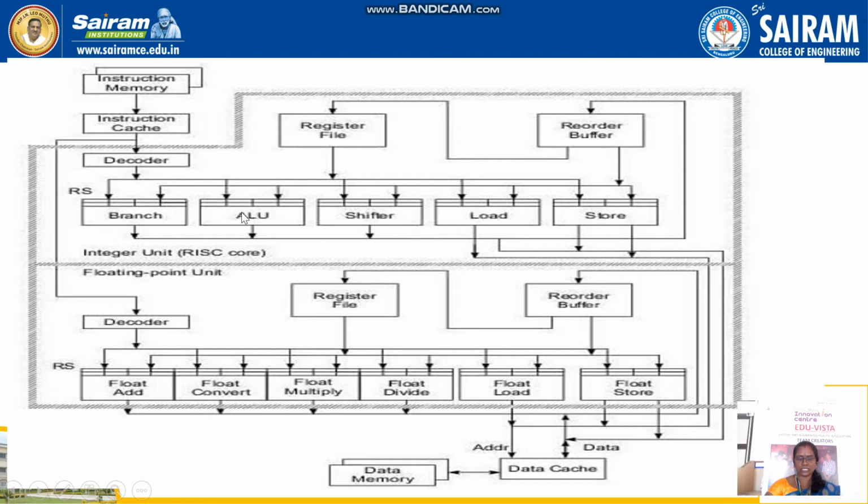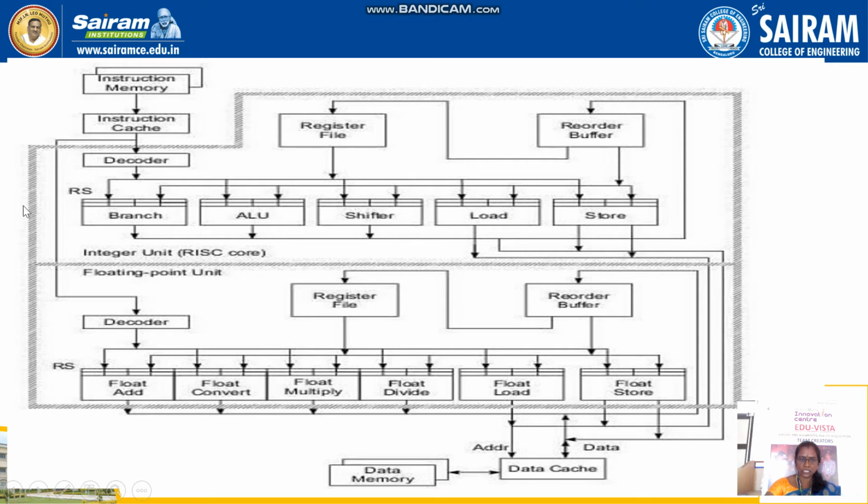For example, for arithmetic operations, an ALU functional unit and a shifter unit are added. For load and store operations, a load unit and a store unit are added. For branch prediction, a branch functional unit is also added. These different functional units are associated with a large register file.